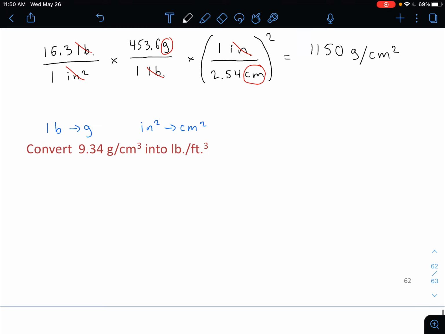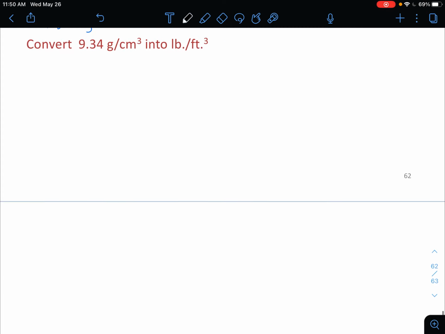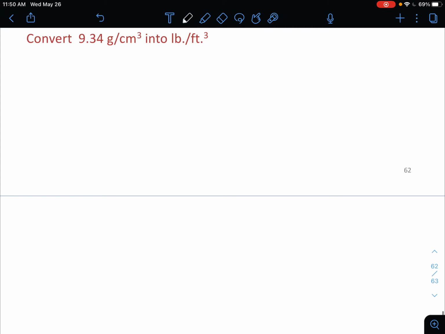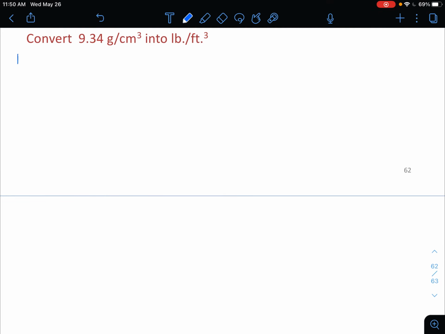Okay, last one to wrap this up. 9.34 grams per centimeter cubed to pounds per foot cubed. So a little more involved here, but we know 1 pound equals 453.6 grams. And centimeters cubed are going to feet here, so we need 1 inch equals 2.54 centimeters, but also 1 foot equals 12 inches.